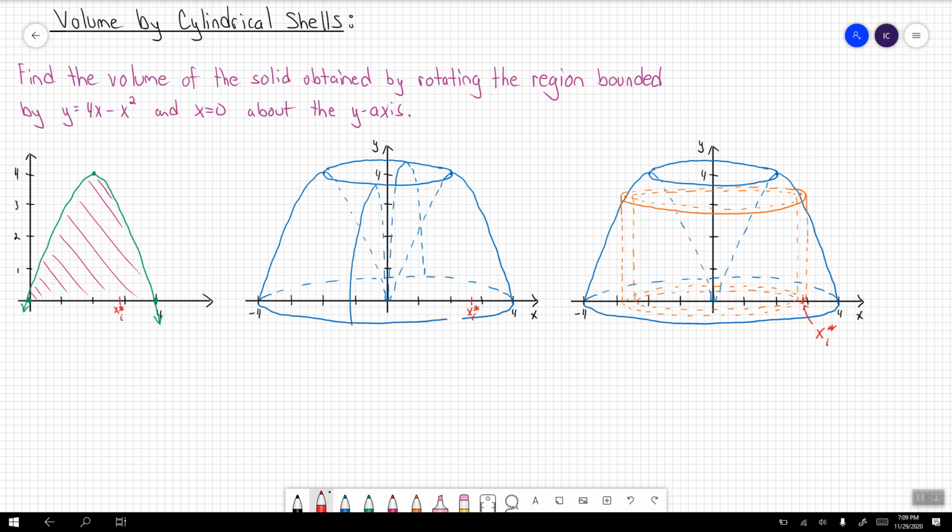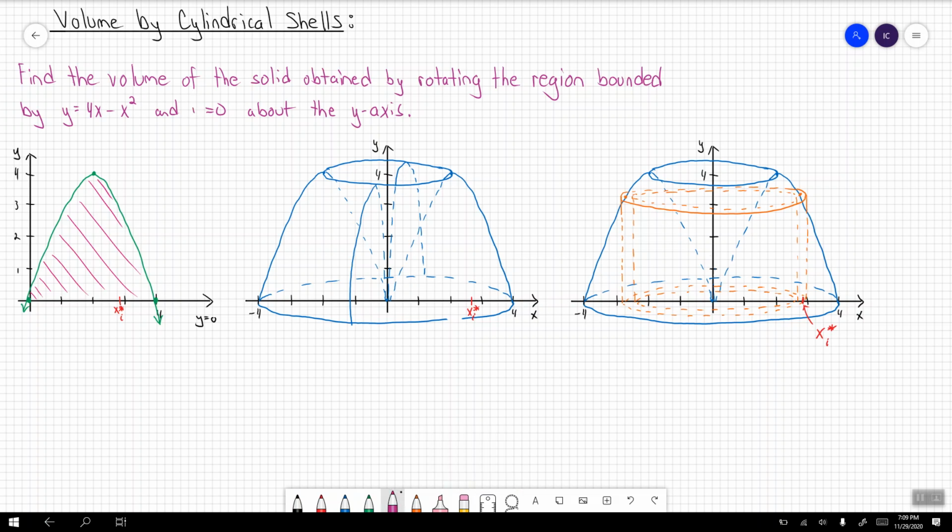Or you know what, this is y is equal to 0, my apologies. That's y is equal to 0.